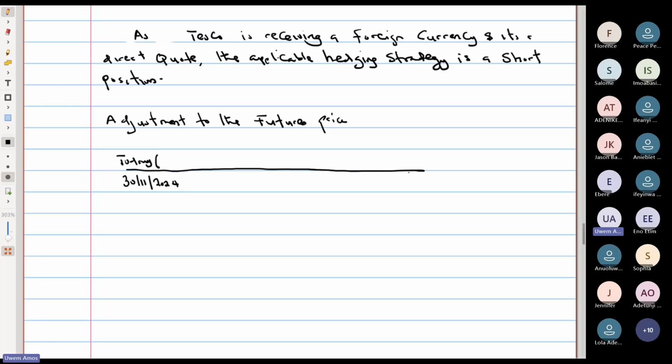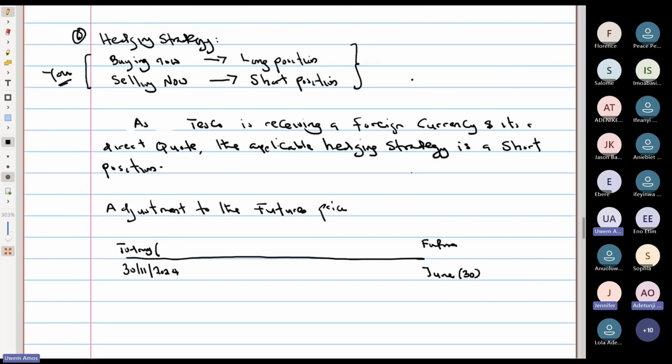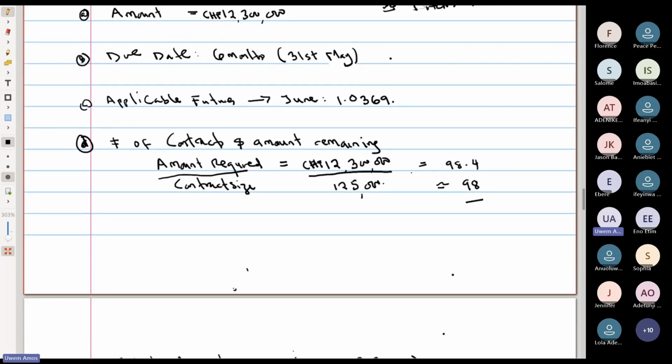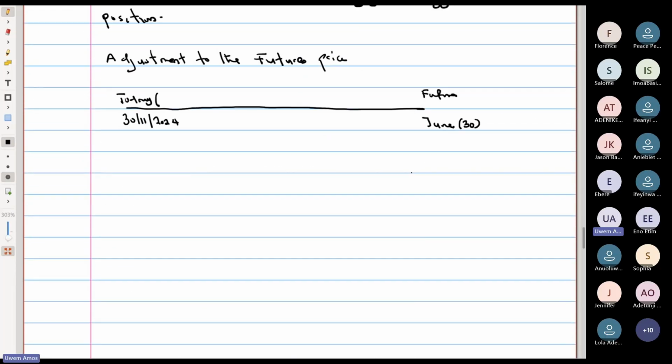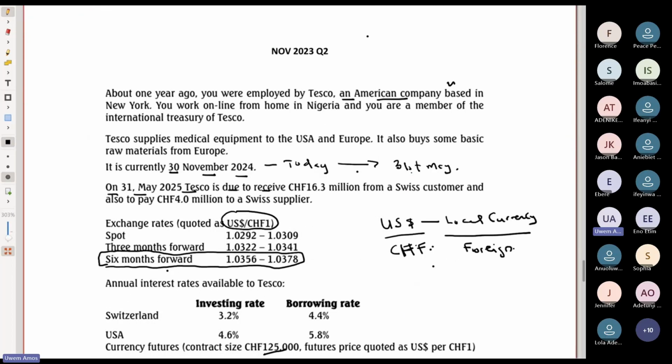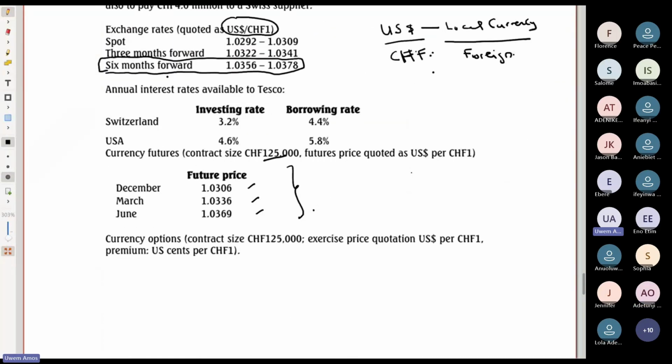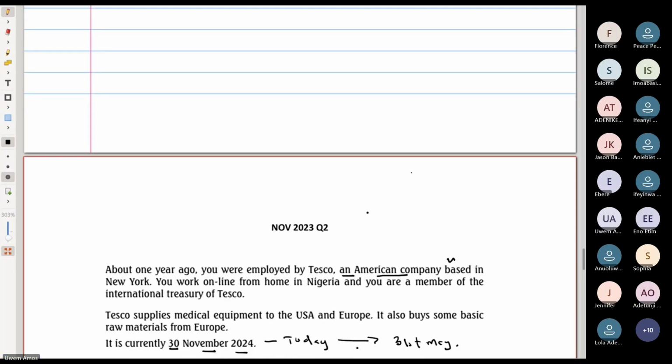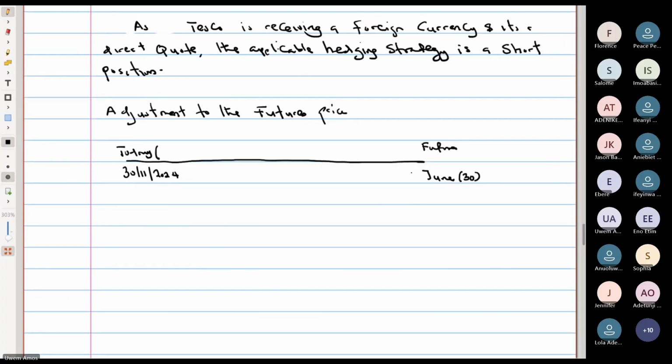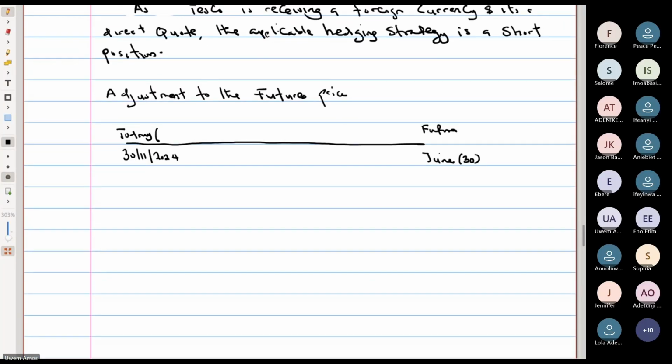Our futures that we bought is maturing in June, because the June futures have standardized dates. They have specific dates that they mature. So we bought the one that's maturing in June at 1.0369.